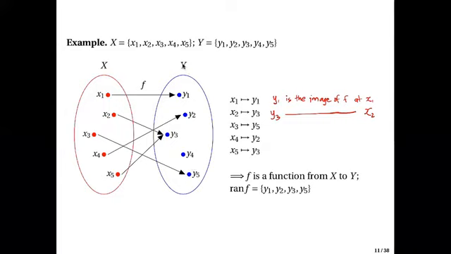So the codomain of the function F is all of them: Y1, Y2, Y3, Y4, and Y5. That's your codomain. But if we only talk about the range, we only get those Y's which have partners from X. Y4 does not have any partner from X. It's not part of your range.